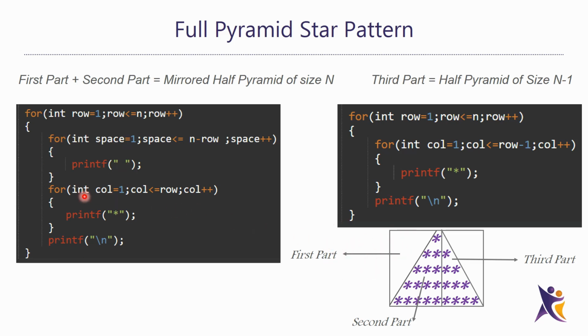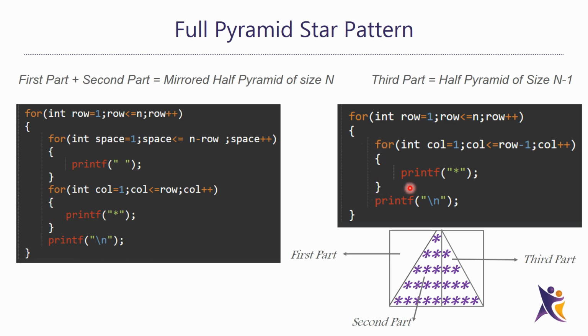The second inner loop is used to print the stars, which is the second part. And finally this inner loop is used to print the third part. So after printing the first part and second part, what do we have to print? The third part.